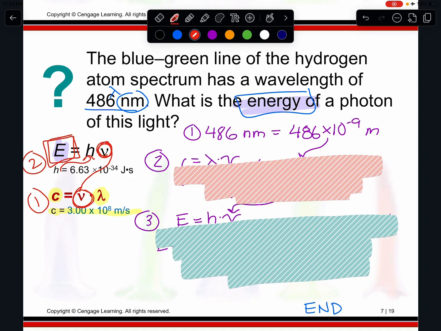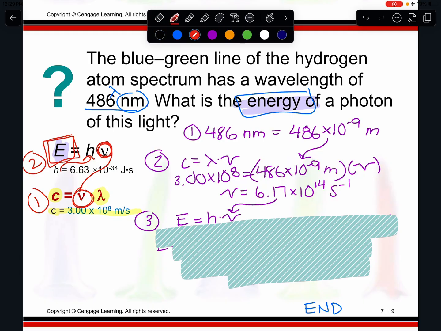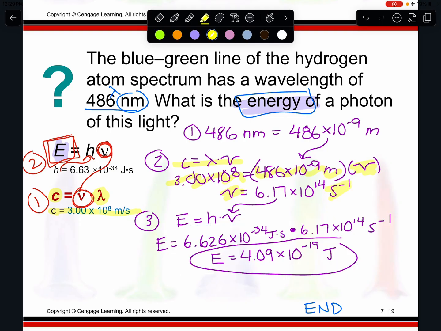So you can see here in step 1, in purple, I converted from nanometers to meters, and again, you can go back if you don't recall how we did that, just using your conversion factor. And then I used the first equation as I described, C equals wavelength times frequency, or frequency times wavelength, doesn't matter. I used my speed of light and the wavelength in meters, and I solved for frequency, again making sure that it is in the correct unit.